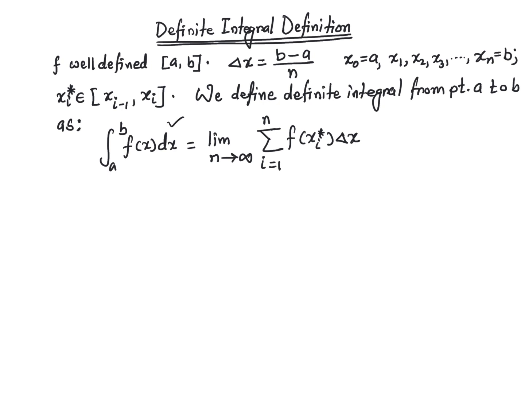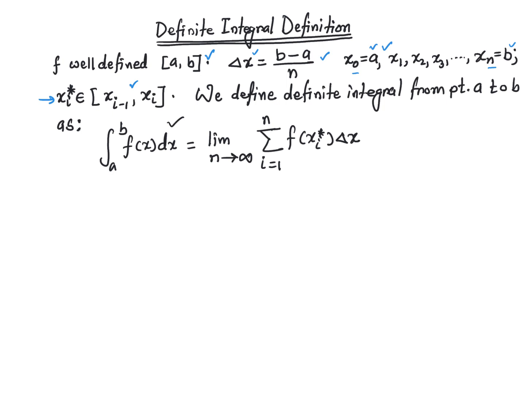So if you have a function that's well defined on a closed interval a b, and you subdivide this interval into smaller subintervals, each being delta x, by following the formula b minus a over n, and label the boundary points of each of these intervals starting from x0, representing a, and ending at xn, representing b, and let x sub i star be any point in that interval.